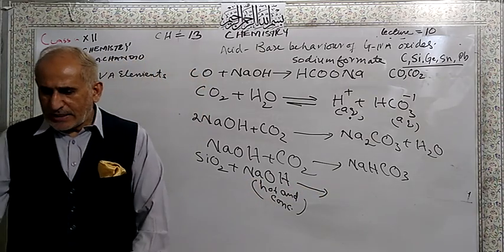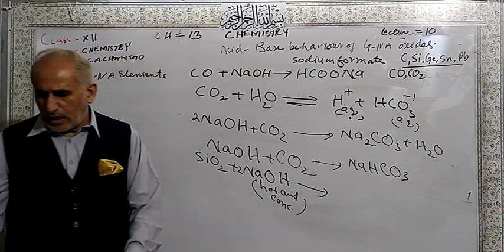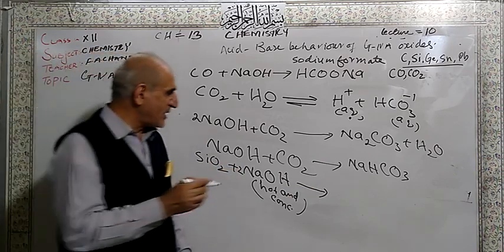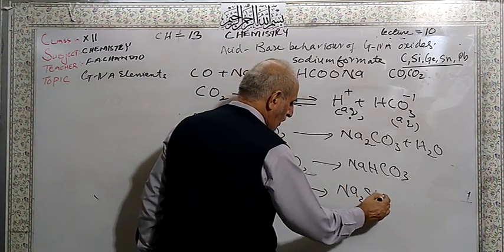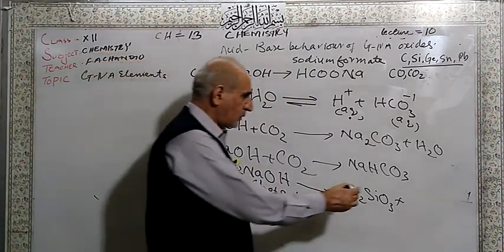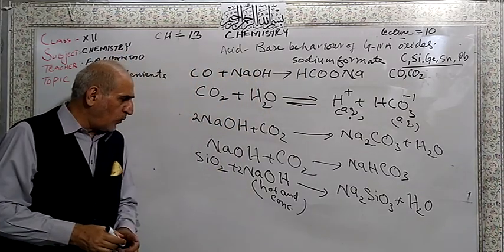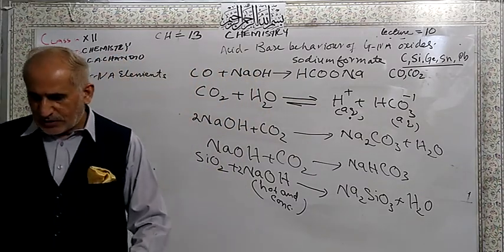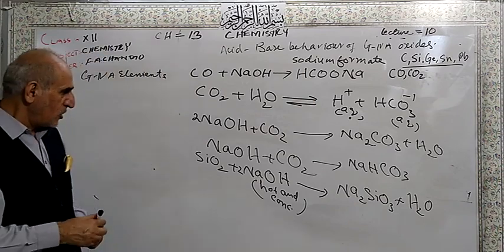Silicon dioxide reacts with hot and concentrated sodium hydroxide, and you will get sodium silicate plus water. Sodium silicate and water are formed when you use hot and concentrated sodium hydroxide.